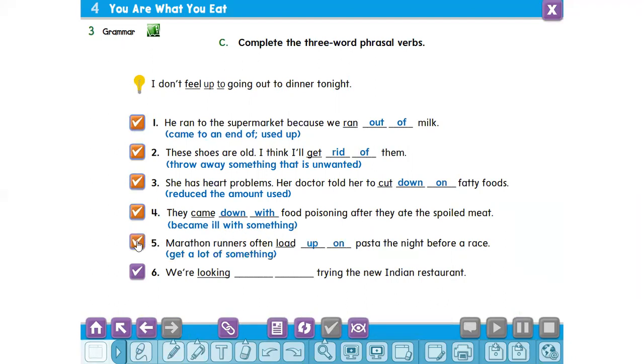Number 5, marathon runners often load up on pasta the night before a race. Load up on means get a lot of something. The last one, we are looking forward to trying the new Indian restaurant. Looking forward to means anticipating with pleasure.